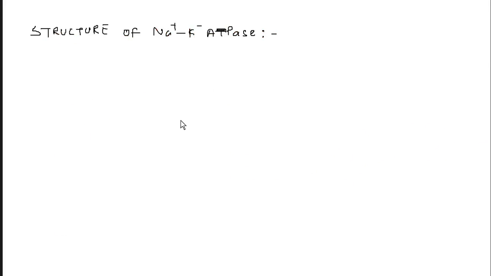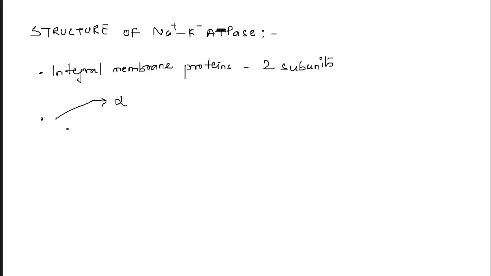Next we come to the structure of sodium potassium ATPase in detail. As I already said, it is an integral membrane protein made up of two subunits, one alpha and another beta.